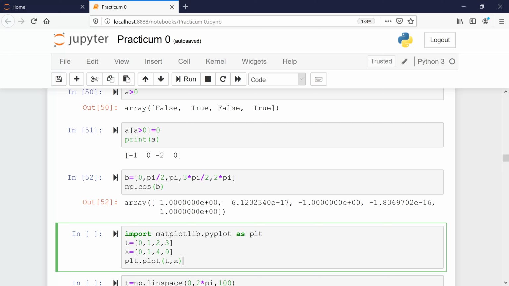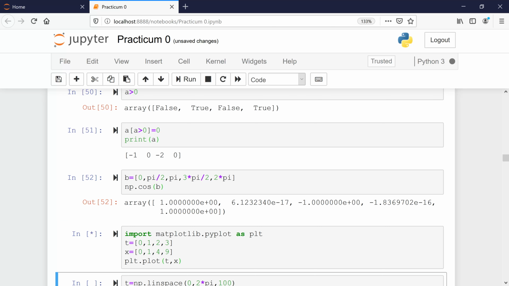Let us start with a simple example. Suppose I have the vector 0, 1, 2, 3, and the vector of squares 0, 1, 4, 9. It's just a parabola, but we took 4 points. So what happens if you plot x against t? We should get something like a parabola.